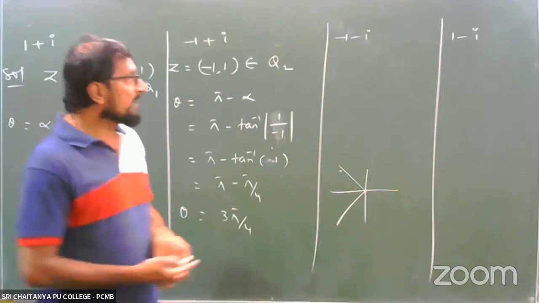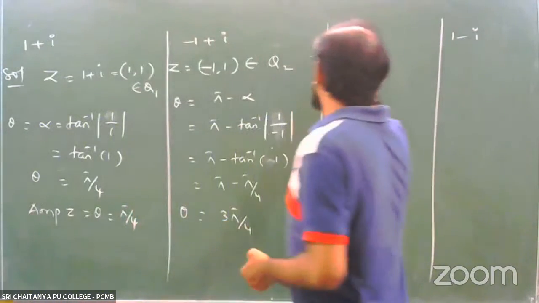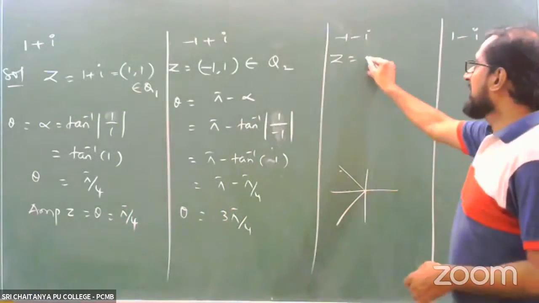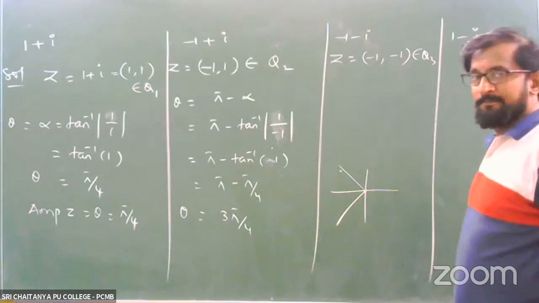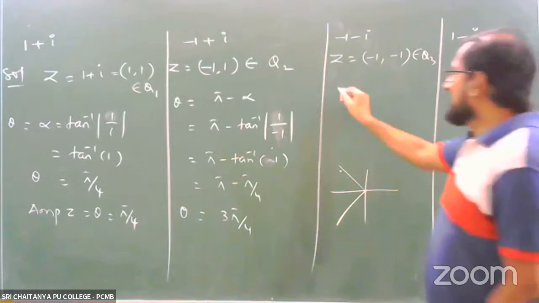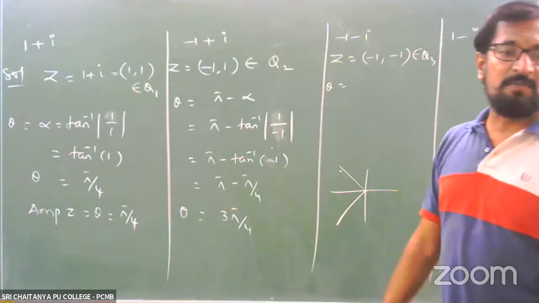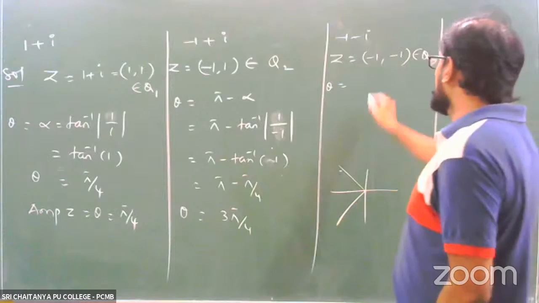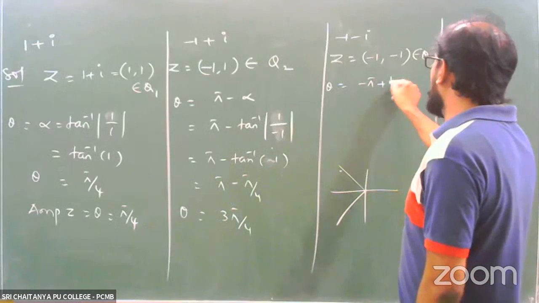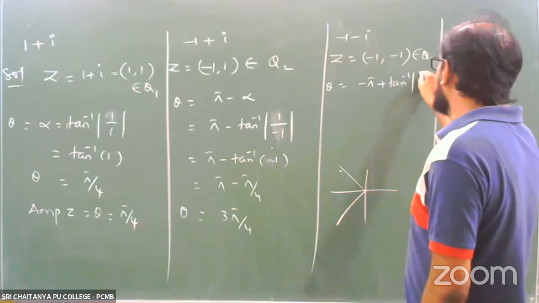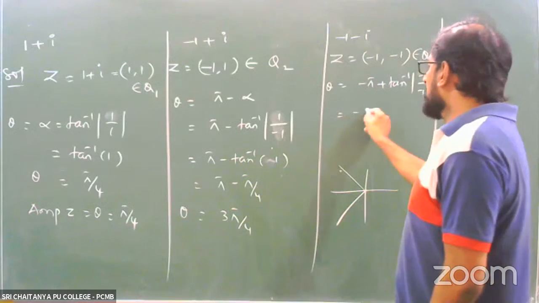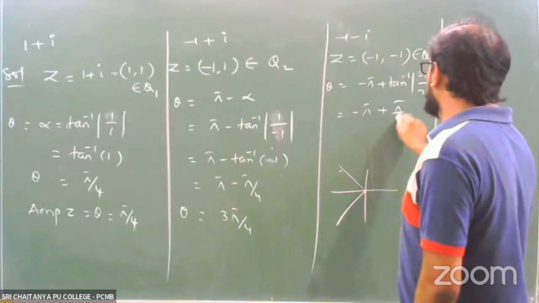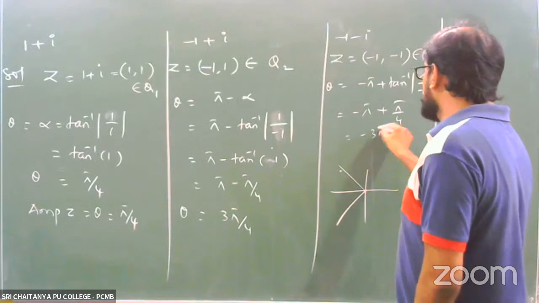Hence, it becomes right. And now, I am going to take this value z is equal to minus 1 comma minus 1, which belongs to quadrant number 3. In the third quadrant, theta, which is nothing but amplitude of z, is equal to minus pi plus tan inverse of mod of y by x, means minus 1 upon minus 1, which you are going to get minus pi plus pi by 4, which is equal to minus 3 pi by 4.